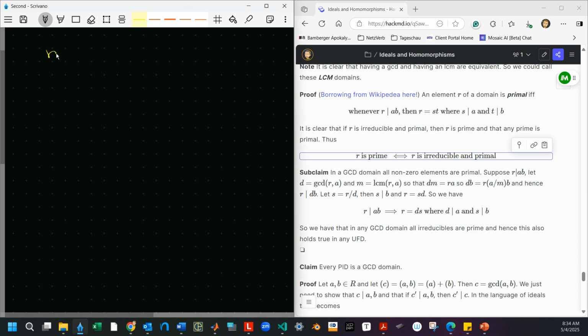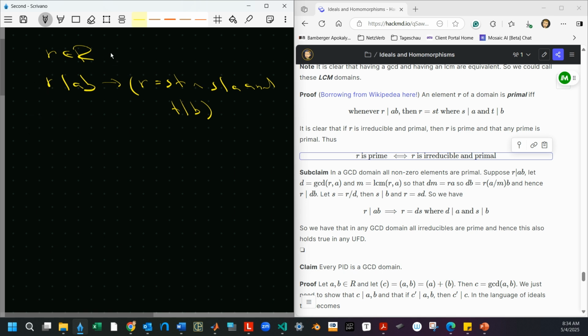So we have just R, and whenever R divides AB, so this is looking like prime, that's going to imply that R is equal to ST, well, that's looking like irreducible, where S divides A and T divides B. So we want that sort of thing. It's kind of a combination of these two things.